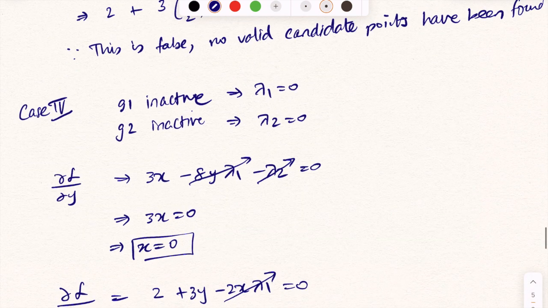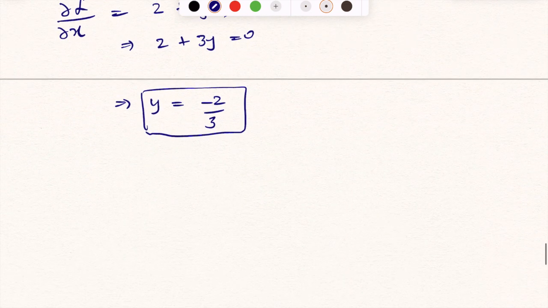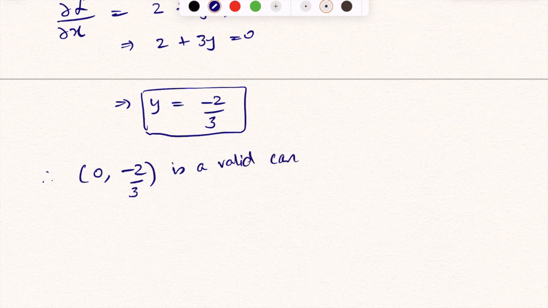And since lambda 1 and lambda 2 are equal to 0, they also satisfy the condition of dual feasibility. And so therefore, we found a new valid candidate point. Therefore, 0, comma minus 2 over 3 is a valid candidate point.